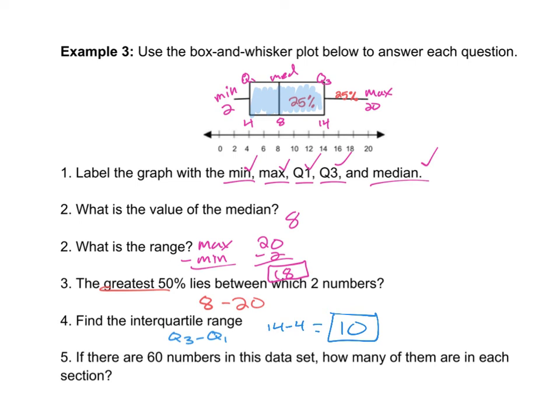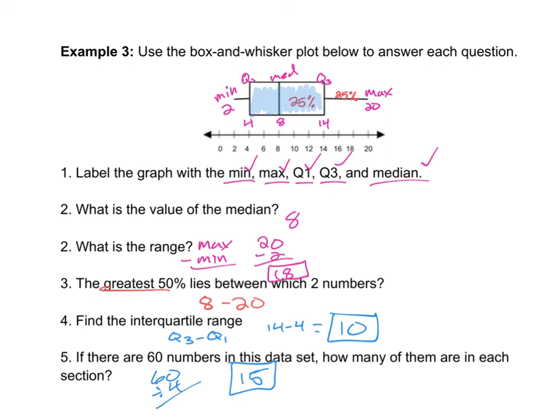If there are 60 numbers in this data set, how many of them are in each section? Well, if there's 60 of them, and we split that up into 4 sections, 60 divided by 4 would mean that there are 15 pieces of data in each section.